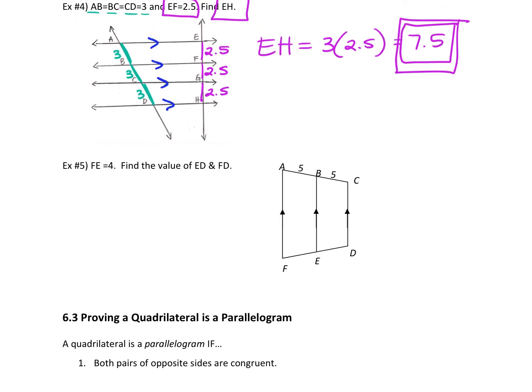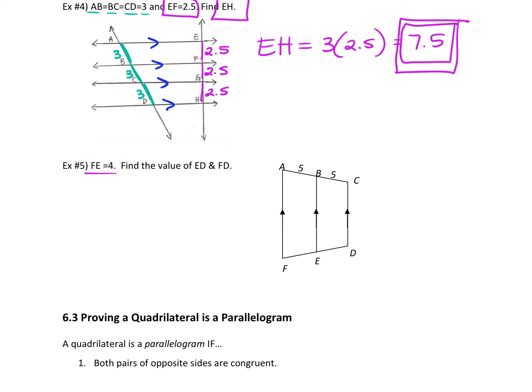Last one. Take a look at that one. FE is 4. We want to find the value of ED and FD. What is ED? It's 4.